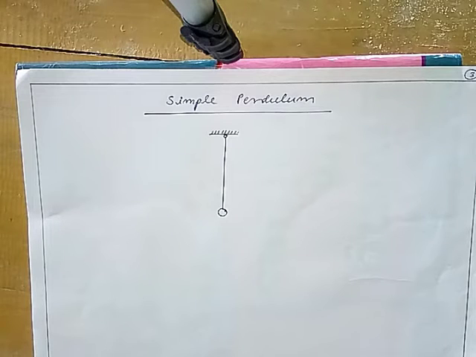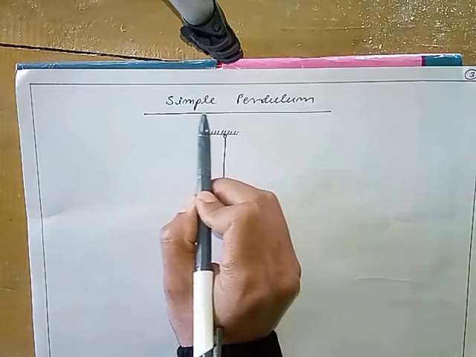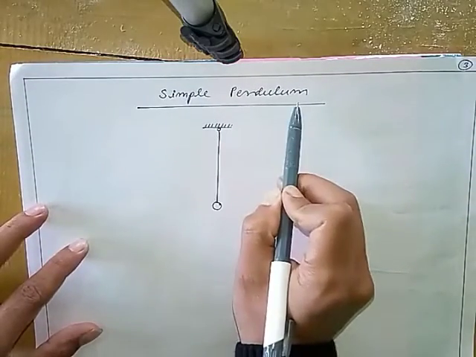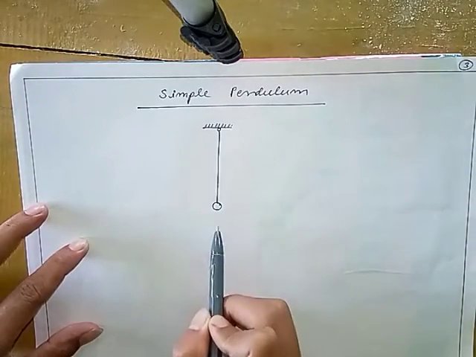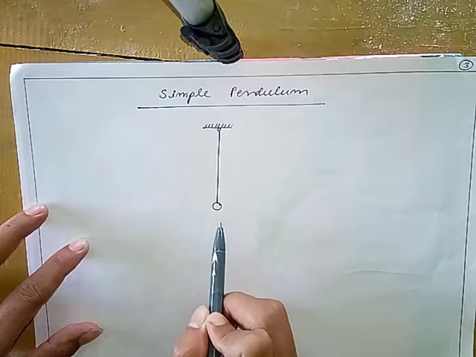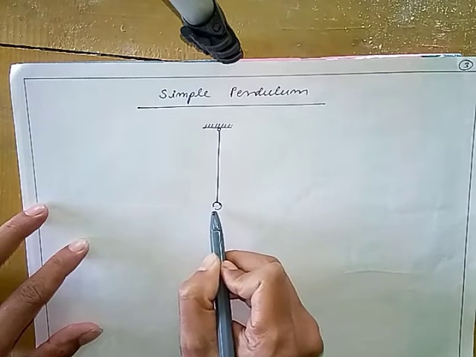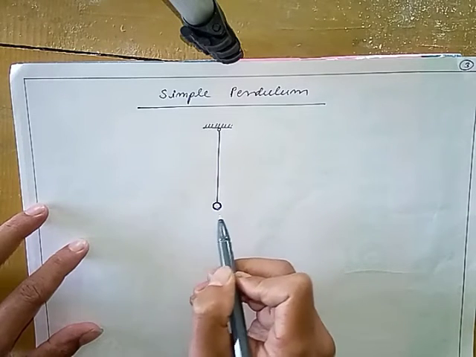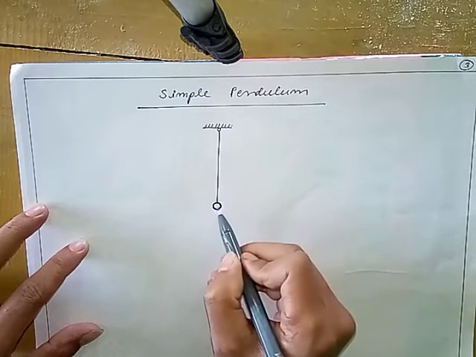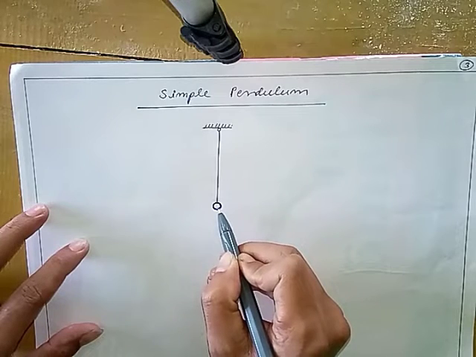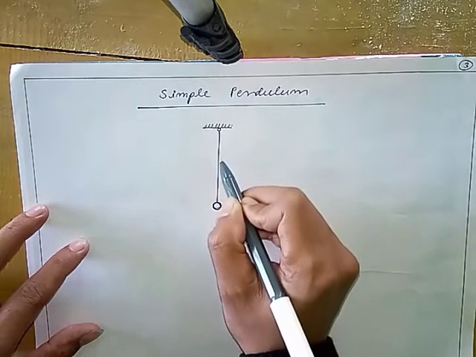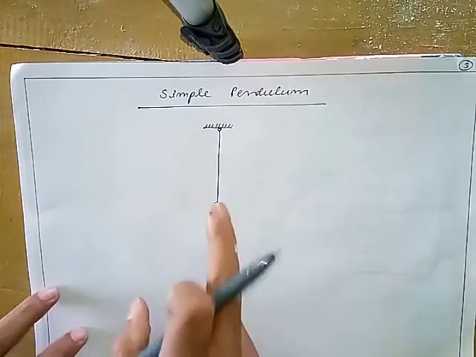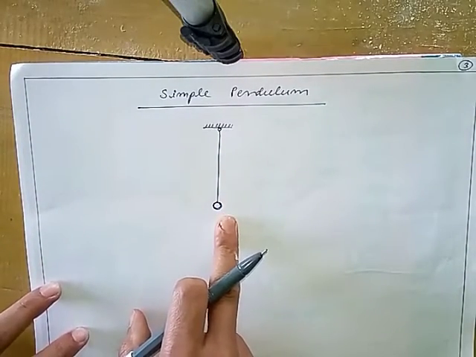Now let us discuss the simple pendulum. This is a simple pendulum, where there is a metallic ball which is called the bob. This metallic ball is suspended by a long thread, and this is known as a simple pendulum.